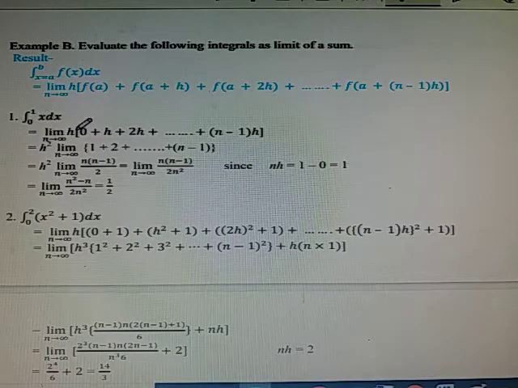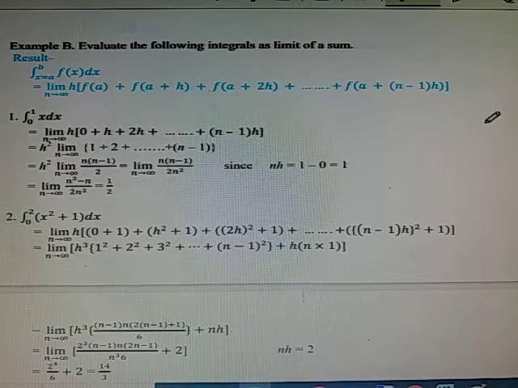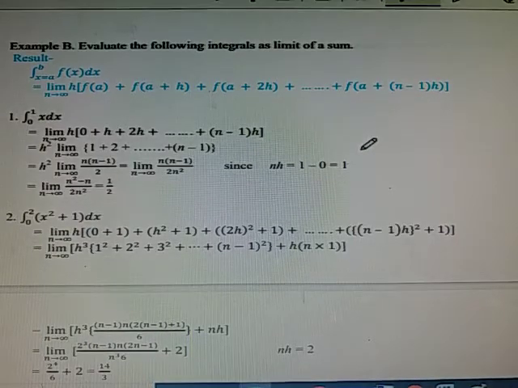So x is 0 here, because f x equal to x. Then next is 0 plus h, next is 0 plus h plus h, etc. Ultimately, last point is n minus 1 into h, and the last one is nh, and nh is equal to 1.